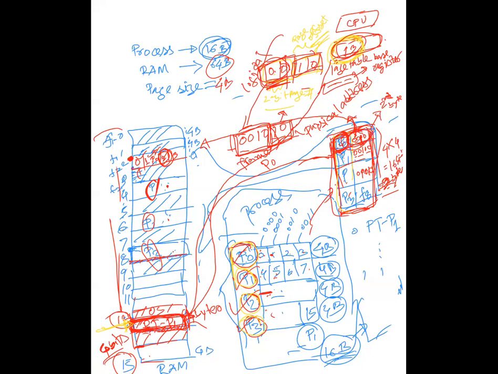From here, this page number will be replaced by the frame number. Then it will be the physical address. Then the CPU will move to the physical address and fetch the required byte by using the page offset.